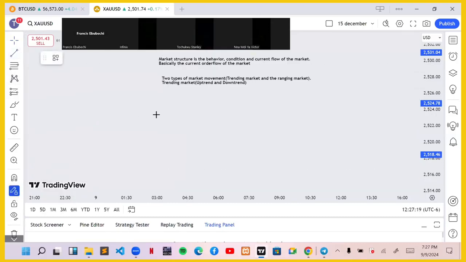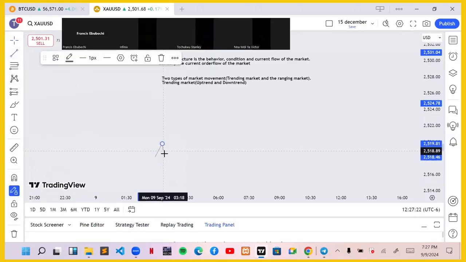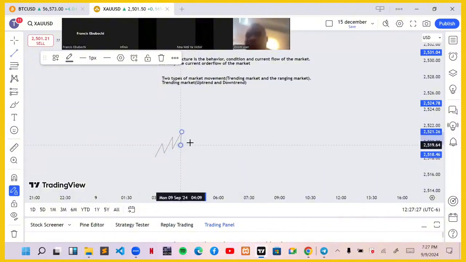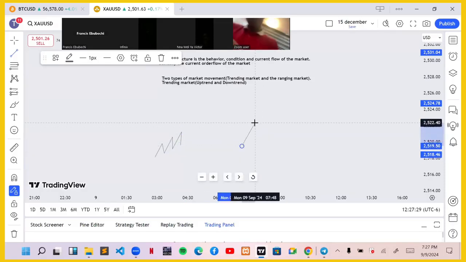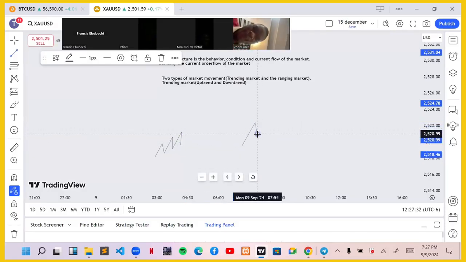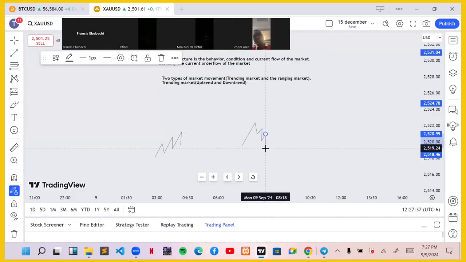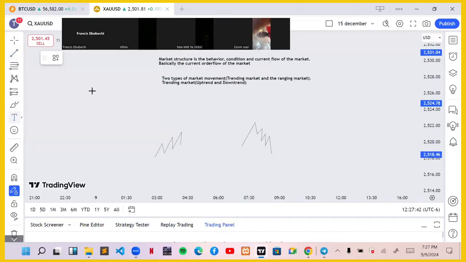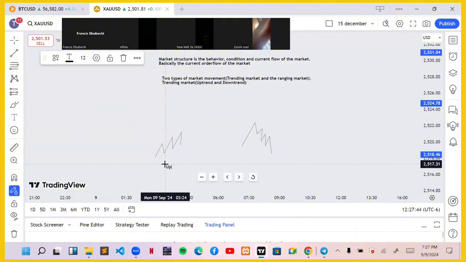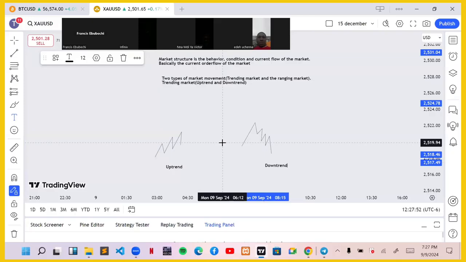So something like this is an uptrend, and a downtrend is something like this. This is an uptrend and this is a downtrend.